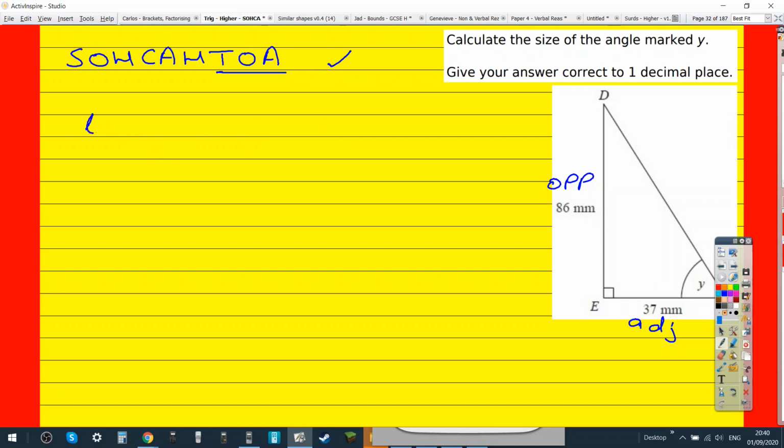So the formula would be tangent y equals 37 over 86. You made a mistake. What is the formula?